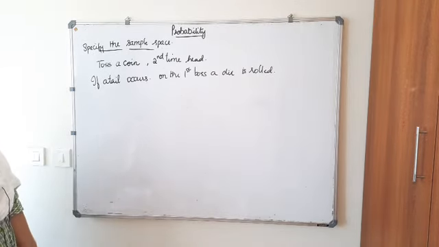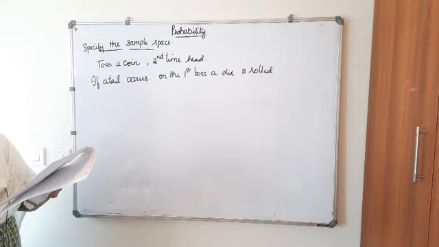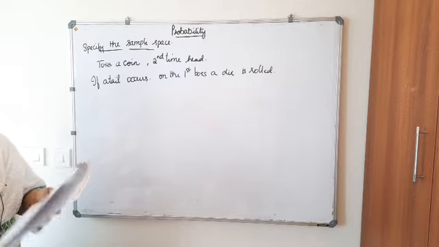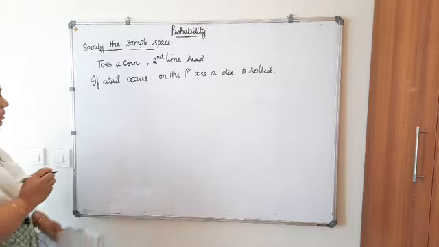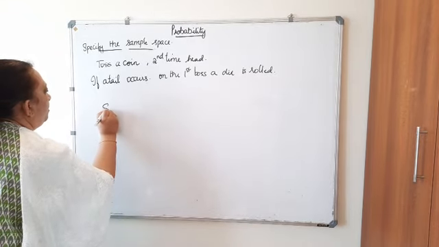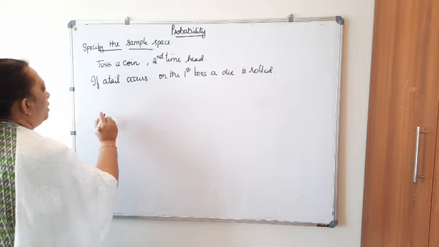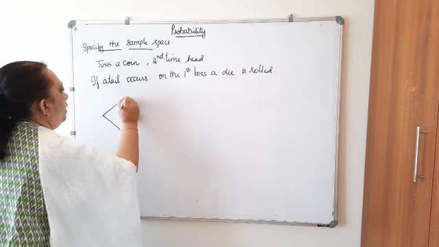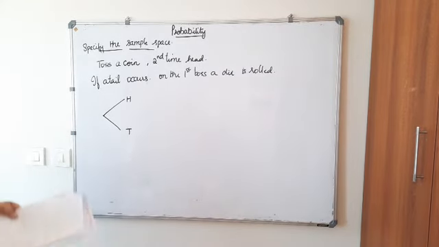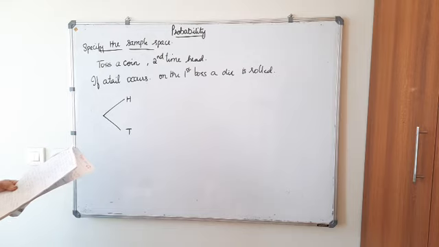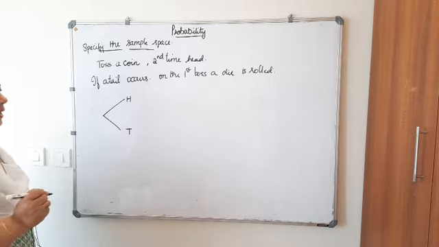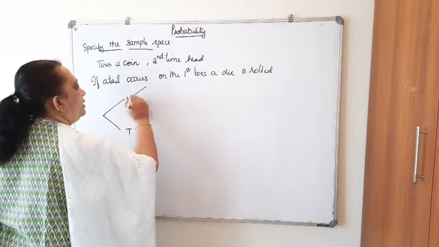This is a question. Write the sample space. Toss a coin. An experiment consists of tossing a coin and then throwing it a second time if a head occurs. So, what about the sample space? Tossing a coin, you can have a head or a tail. If a head occurs, again you throw it a second time.